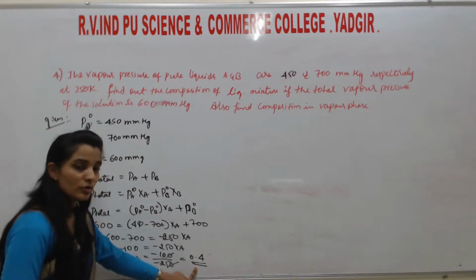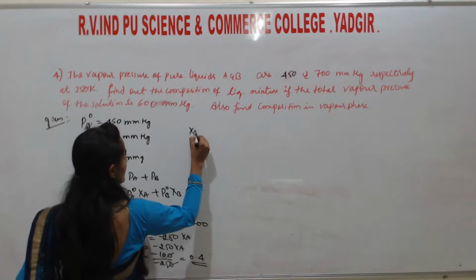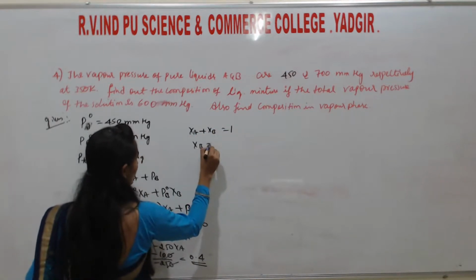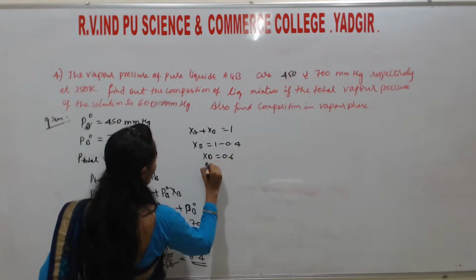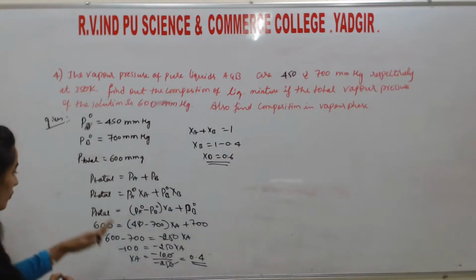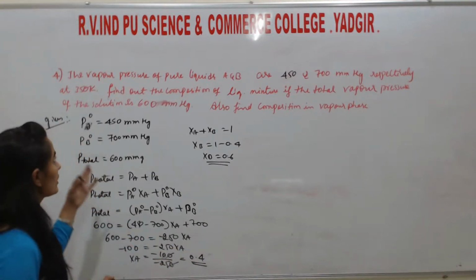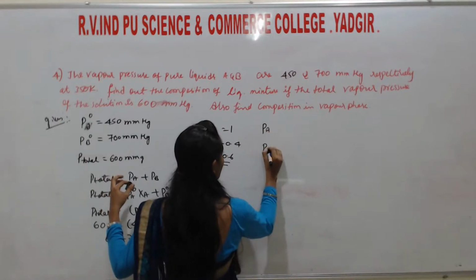So this is 0.4. If this is 0.4, XA plus XB is equal to 1. So XB is equal to 1 minus 0.4, so XB is equal to 0.6. So we have the pressures and we have the concentration terms, then we can easily calculate PA and PB.